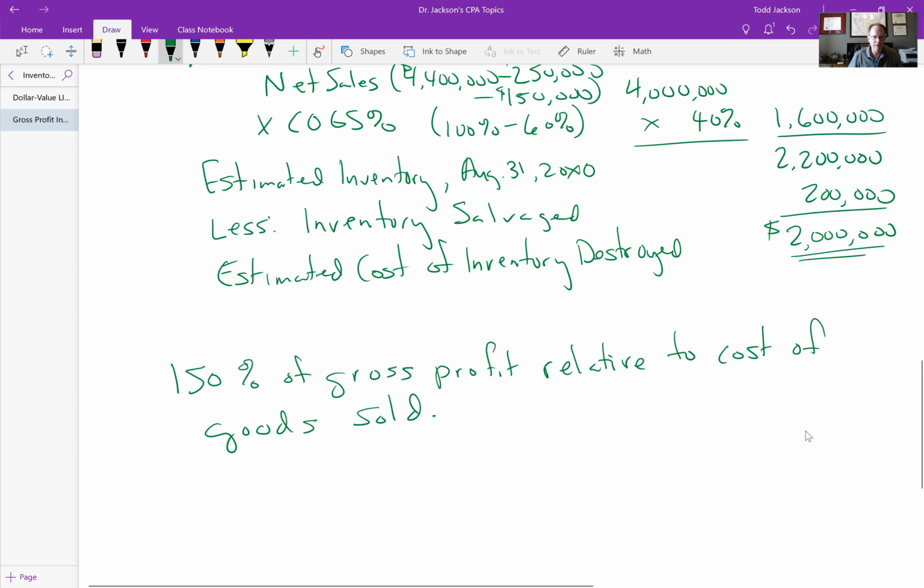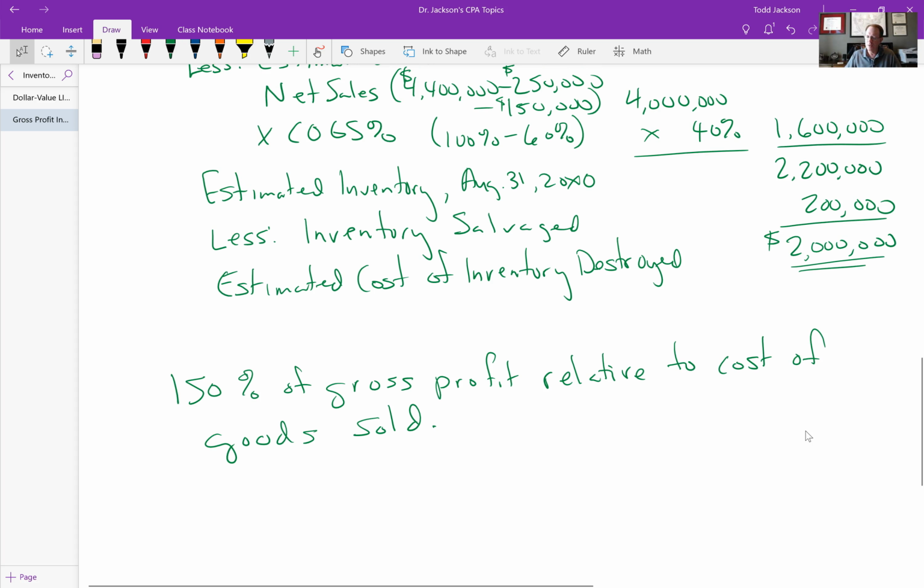Now you can see different variations of that. It could be expressed as a 50% markup, that gross profit reflects a 50% markup on cost. That would imply that gross profit is 150% of cost of goods sold.